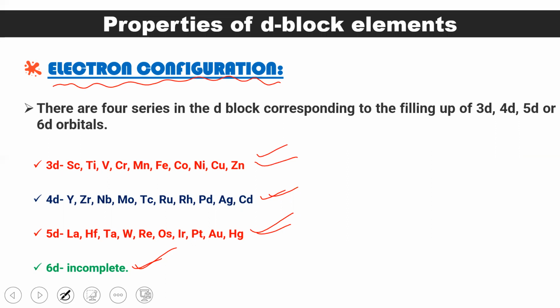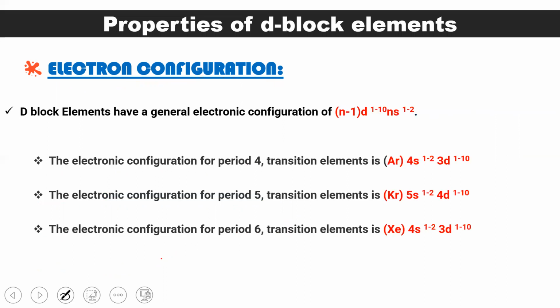When you see the electron configuration for every series, the general electron configuration for the D block elements is (n-1)d 1 to 10 ns 1 to 2. This is the general outermost electron configuration for the D block elements.